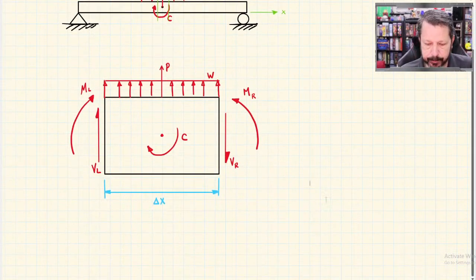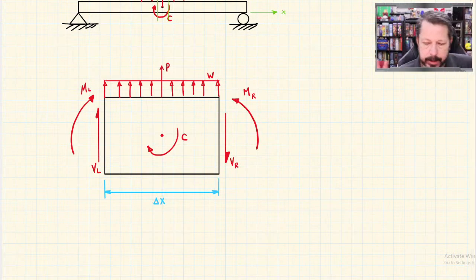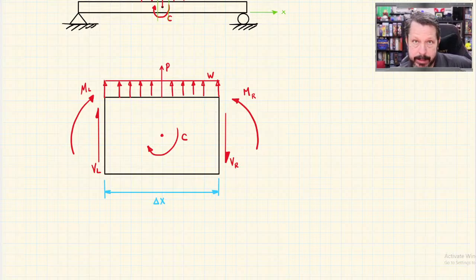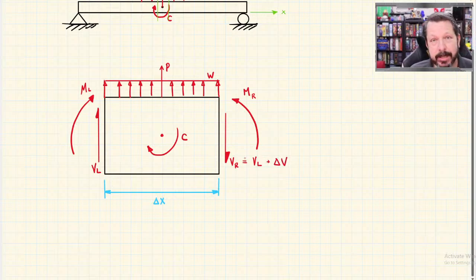The other thing I'm going to do is take VR and MR, so the shear and bending on the right hand side of the beam, and I'm going to trickily redefine them, if that's a word. I'm going to say that the shear force on the right hand side of my diagram here is equal to the shear force on the left hand side plus whatever change in shear there is between the left hand and the right hand side.